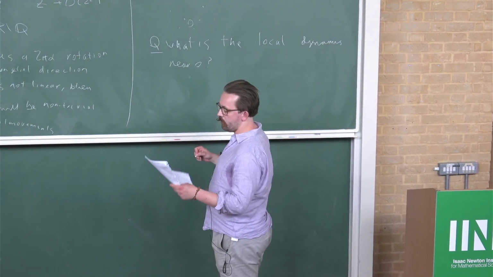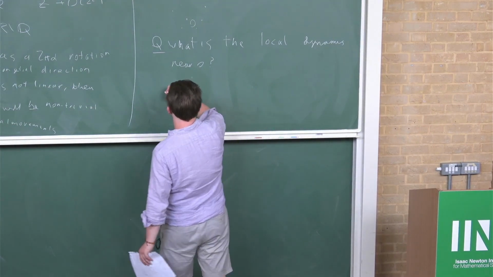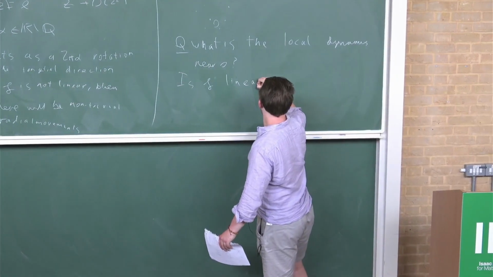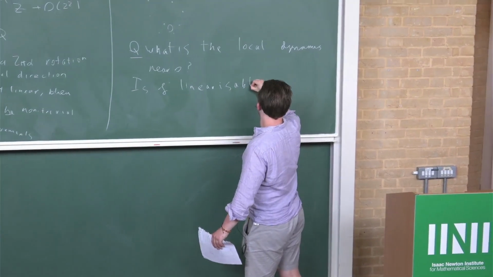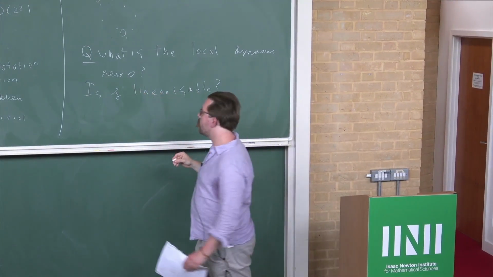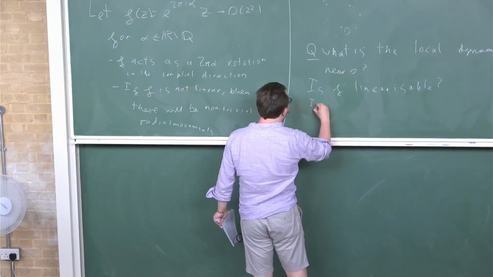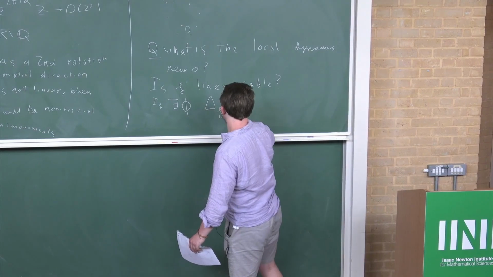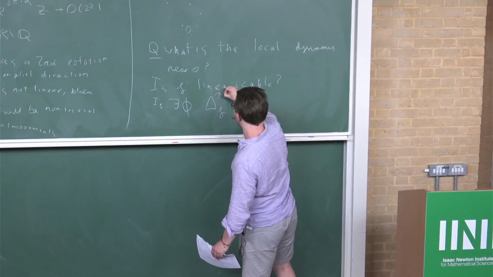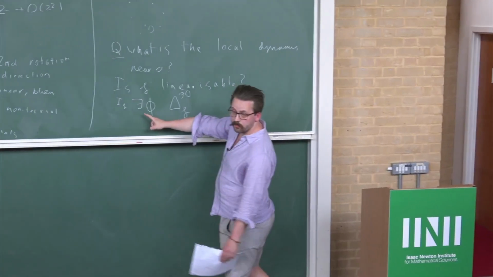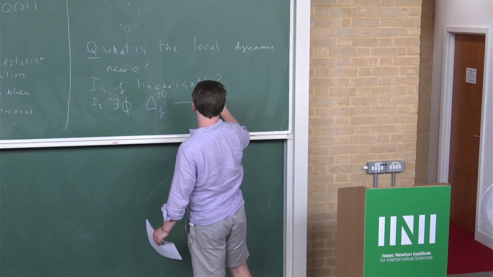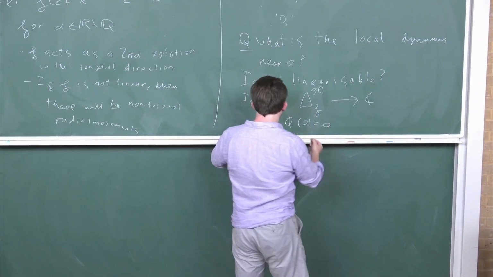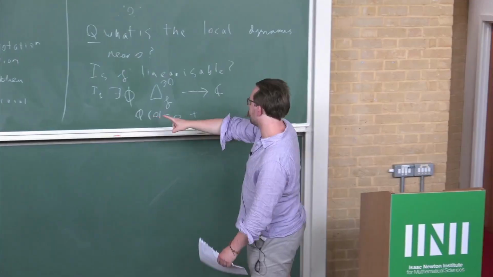One of the key approaches is to ask: is f linearizable? In particular, we say that this function is linearizable if there exists an analytic map phi from some open set Δ_f, which contains the fixed point at 0, to C such that phi(0) = 0.